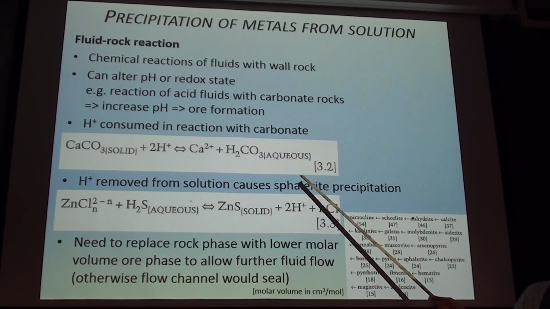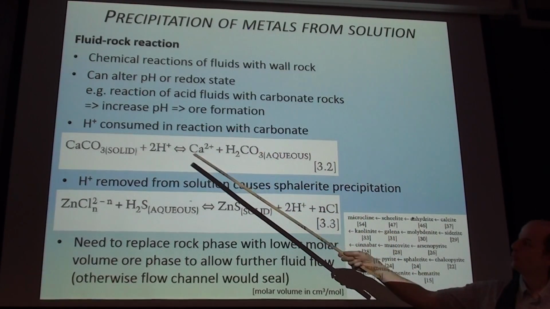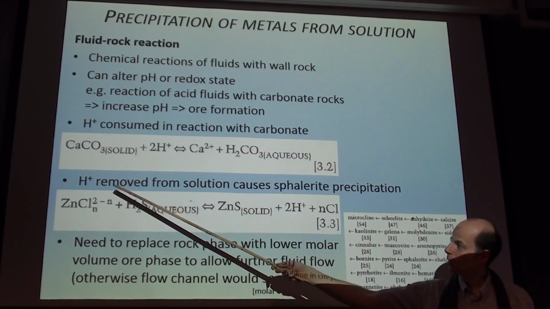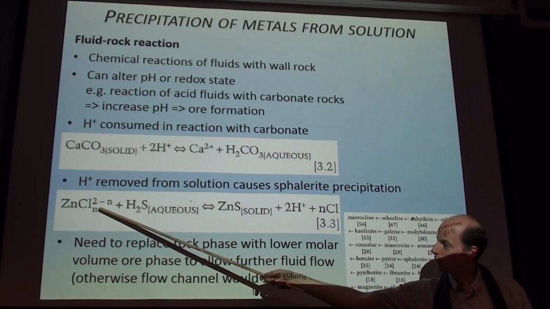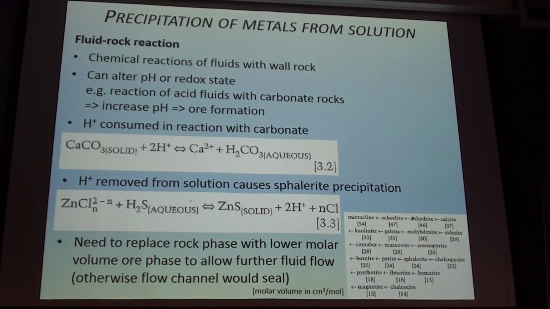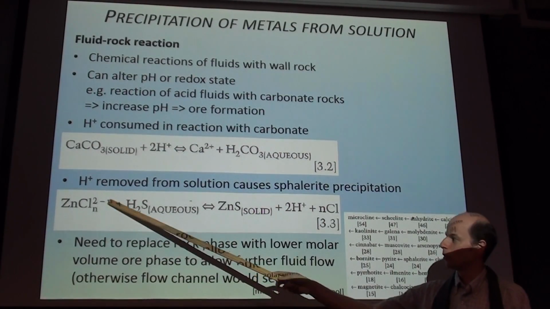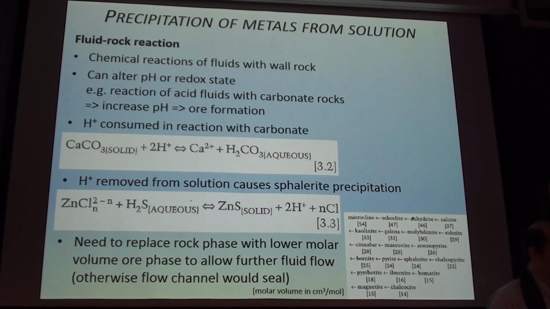Once we remove the hydrogen from the solution, this reaction occurs, and so we have the precipitation of sphalerite because of the stabilization of the chloride complex.